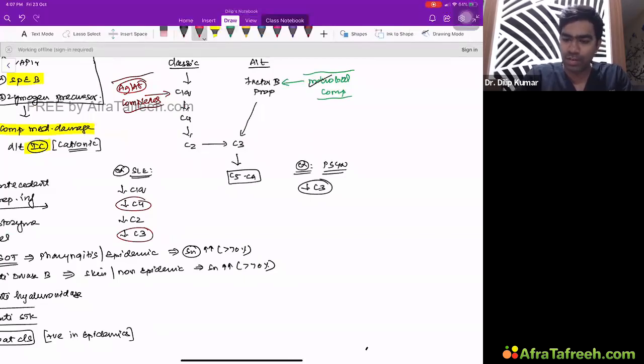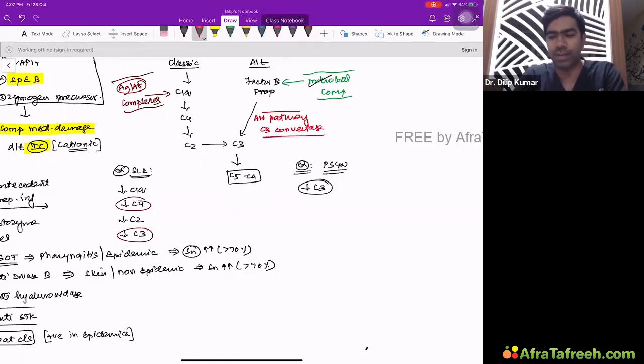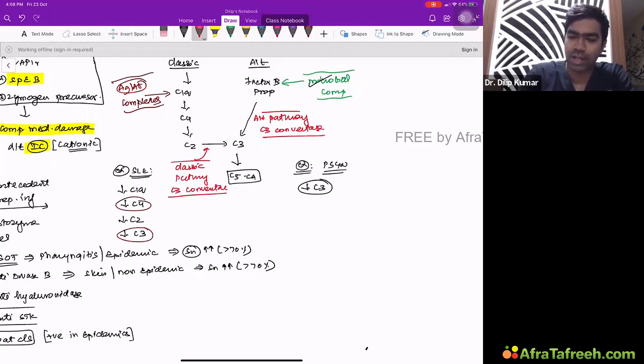They will form an alternate pathway C3 convertase. We also have a classic pathway C3 convertase. Both are different, but nevertheless, these are very important enzymes for the activation of C3.